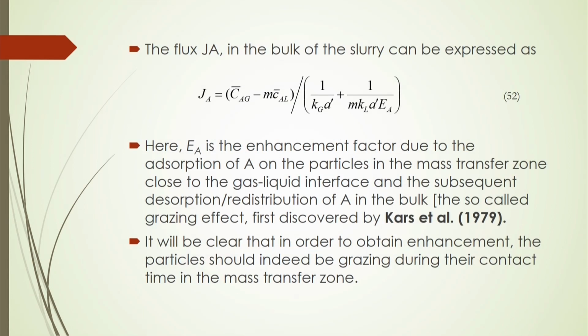And the flux Ja in the bulk of slurry can then be expressed by equation number 52. Here Ea is the enhancement factor due to the adsorption of A on the particles in the mass transfer zone, that is close to the gas liquid interface, and the subsequent desorption or redistribution of A in the bulk.